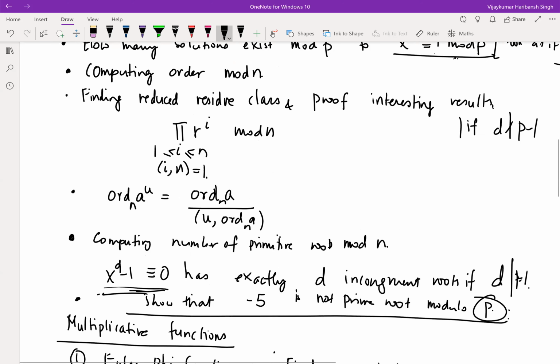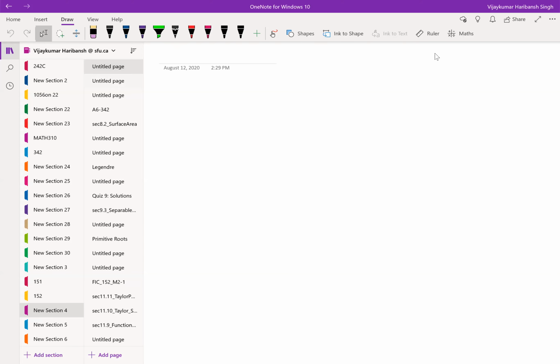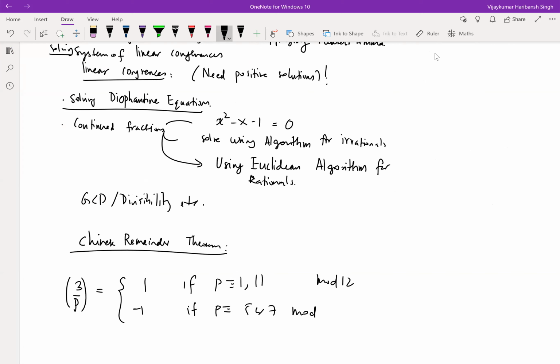Similarly, if you look at the assignment you did, which was 3 by p is 1 if p is congruent to 1 mod 12 or 11 mod 12 and minus 1 if p is congruent to 5 or 7 mod 12. Now to even prove this, you had to use the Chinese remainder theorem. So the Chinese remainder theorem is kind of a connecting link between a lot of things.